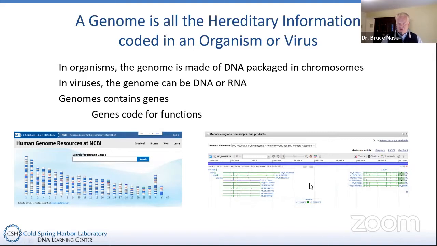I just went into a genome viewer, which is part of NCBI, and I went to one region just to give you an idea that in the DNA are sections that have functions. These are genes. And the functions are often to code for proteins, although there are other genes that code for RNAs, which I won't talk about today.